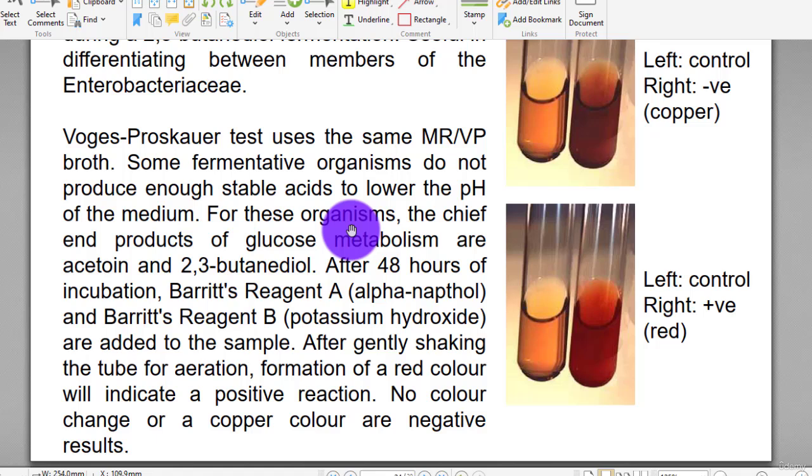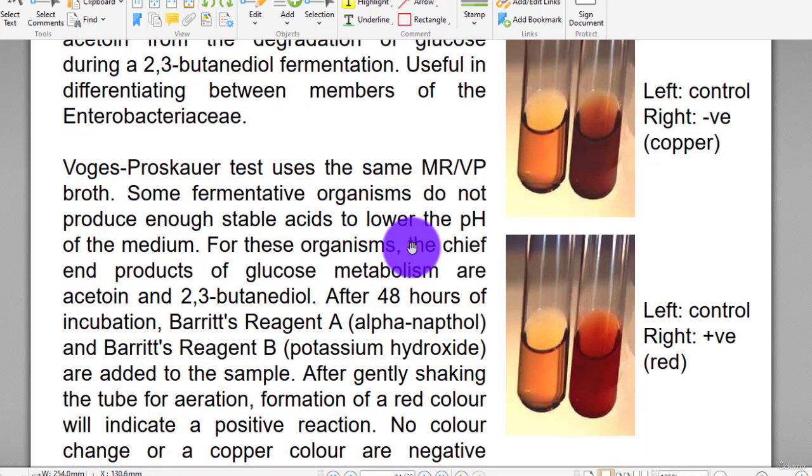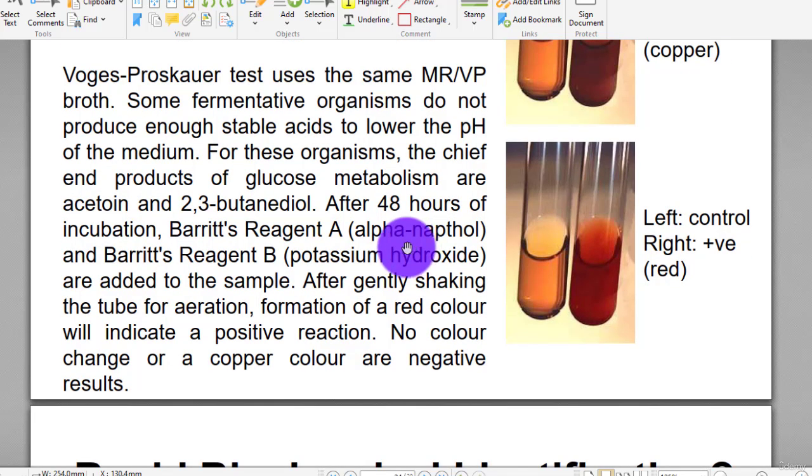Some fermentative organisms don't produce enough stable acid to lower the pH of the medium. For these organisms, the chief end products of glucose metabolism are acetoin and 2,3-butanediol.